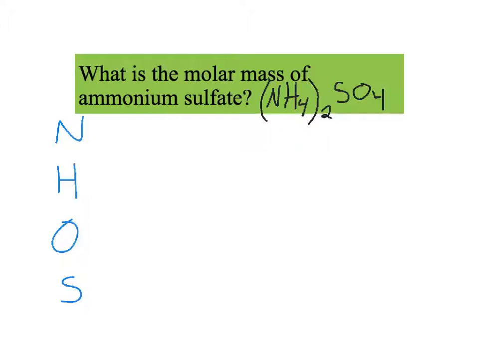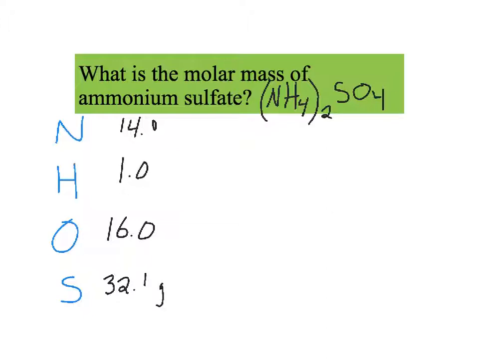Let's find the weight. The weight of nitrogen is going to be 14.0. The weight for hydrogen, 1.0. Oxygen, 16.0. And then sulfur is going to be 32.1.